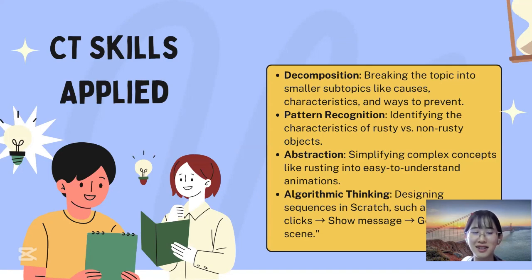The third CT skill is abstraction, because I simplify the complex concept like rusting into easy-to-understand animations. And the last CT skill that I apply is algorithmic thinking. I design the sequence, such as if player clicks, show message, and then go to the next scene, and so on.